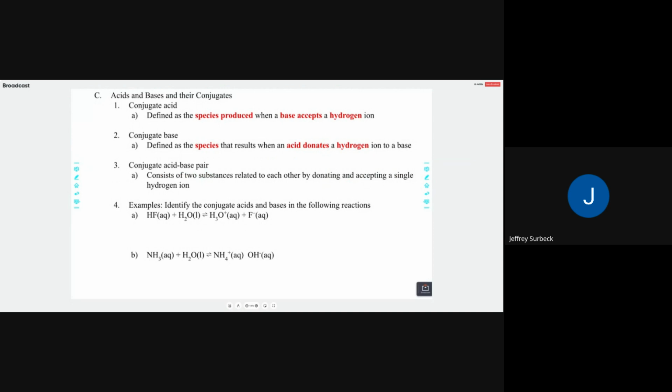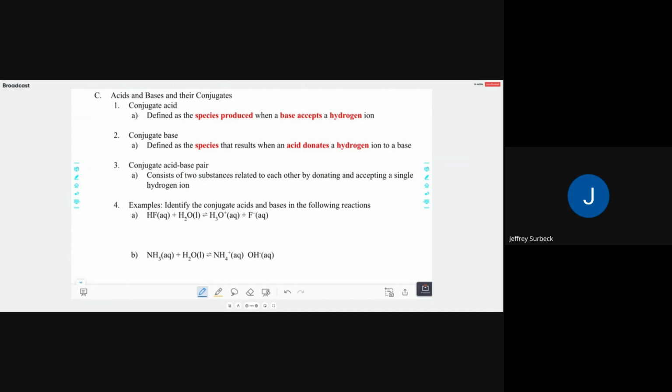We want to identify the conjugate acids and bases in the following reaction. Remember, an acid donates its H plus, a base accepts it.